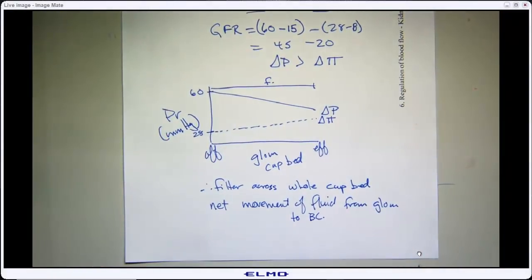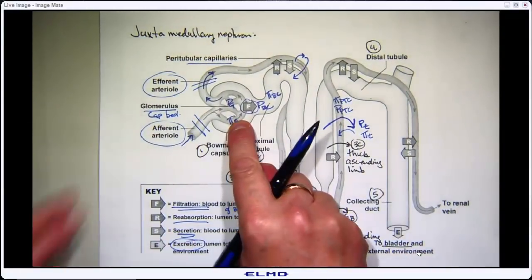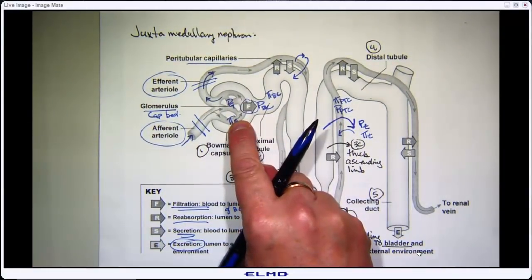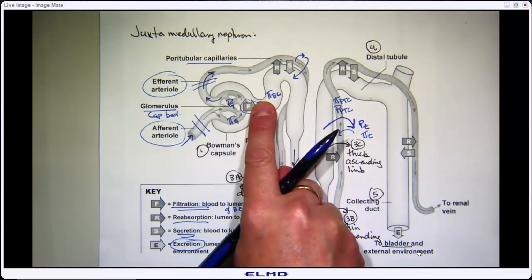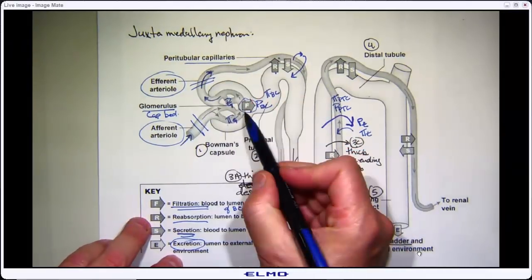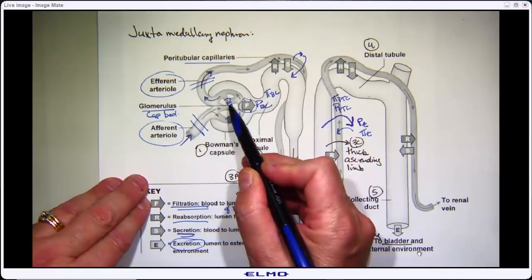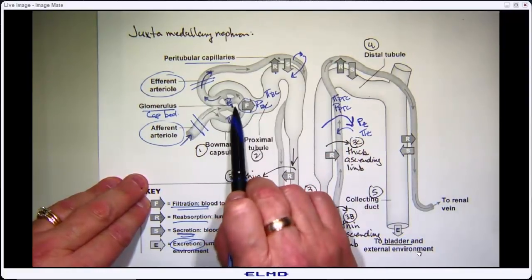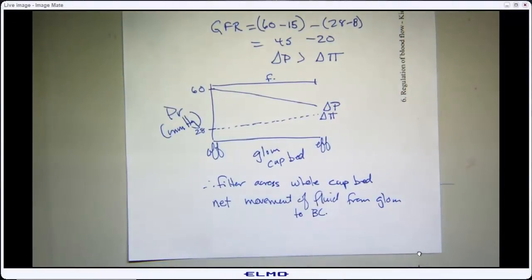So this portion of the relationship between the blood vessel and the lumen of the tube is that we have filtration across the entire capillary bed. So that's why we just have an arrow going in this direction and not one coming back. Okay, there's no reabsorption happening at this level of the capillary bed, or at that capillary bed at all.